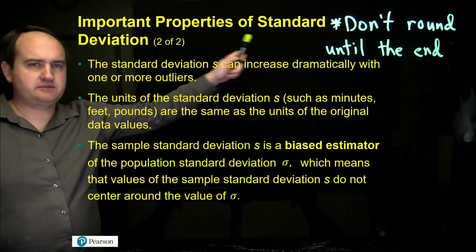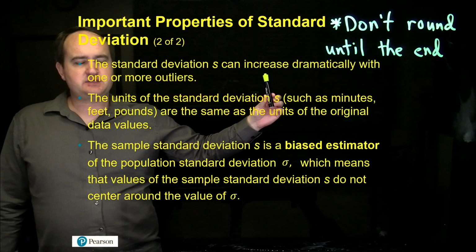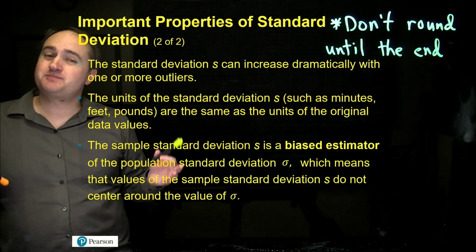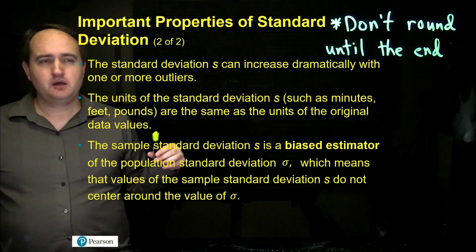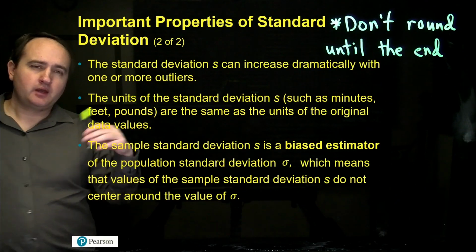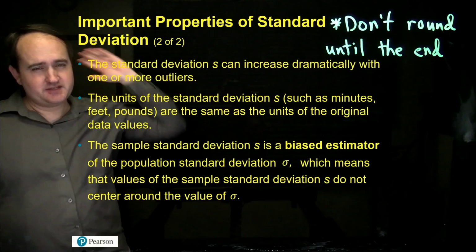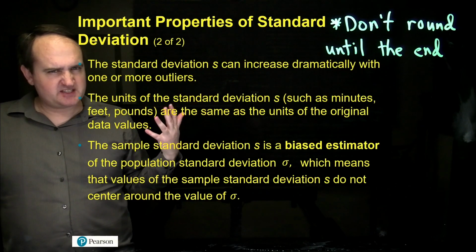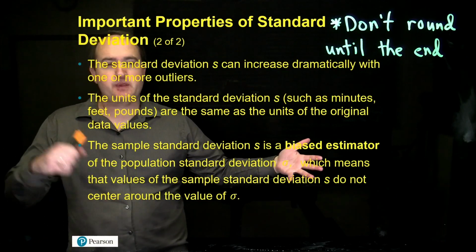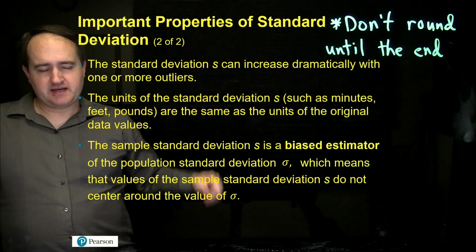Other important properties of the standard deviation. The standard deviation S can increase dramatically with one or more outliers. However, it's not as bad as the range. Because it does take into account all of the data values, even if it's not resistant, it's definitely more resistant than the range, because the range only has the maximum and the minimum in its formula, whereas the standard deviation includes all the data values.